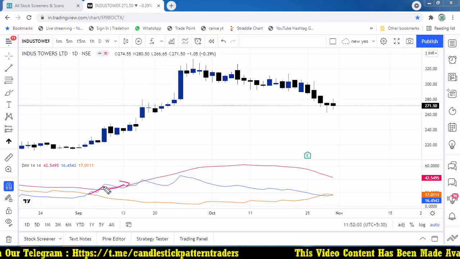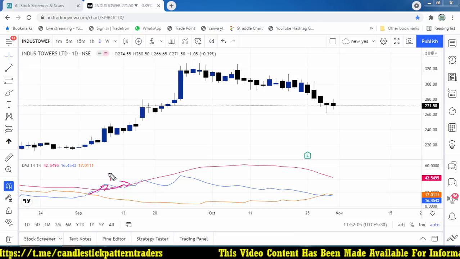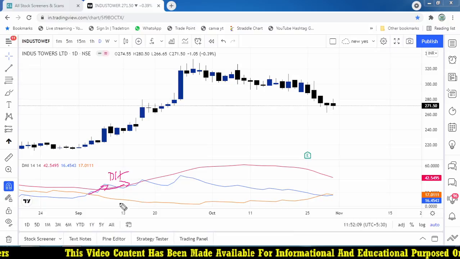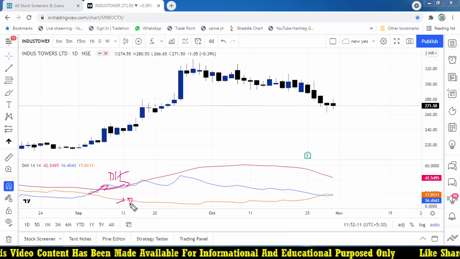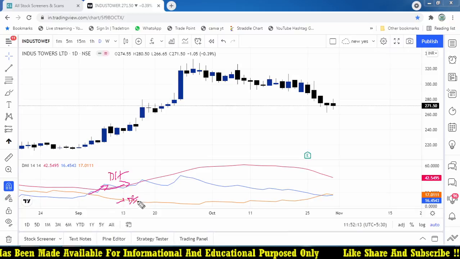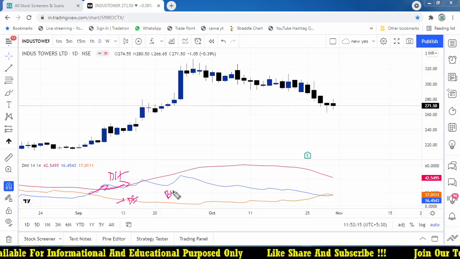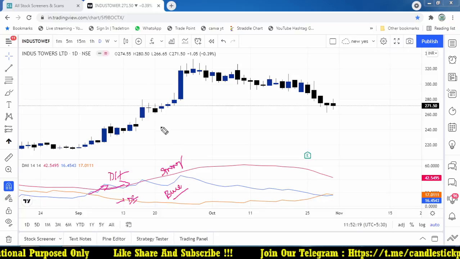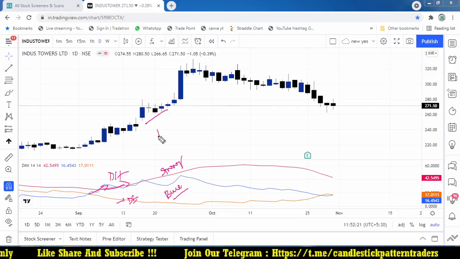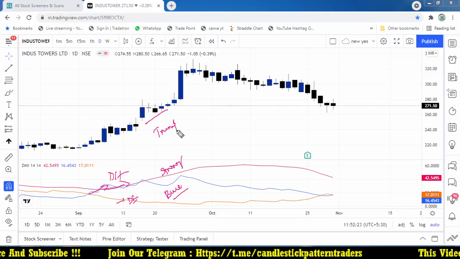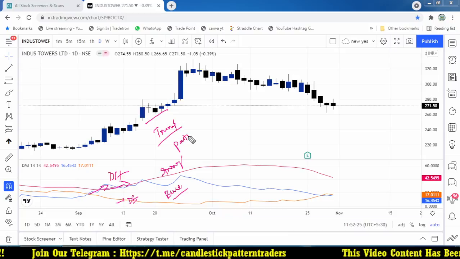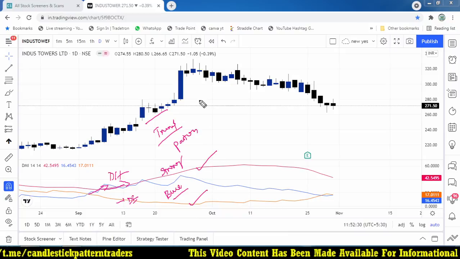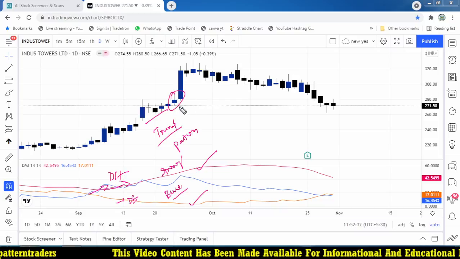When DMI plus, the blue one, or DI plus, is greater than DI minus, it is a bullish, strong trend. Finally, we are finding out the trend of the market or patterns, the bullish trend and strong trend, and here we are finding the trade opportunity.